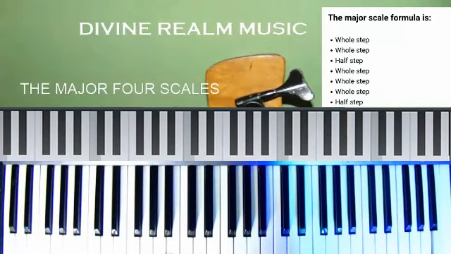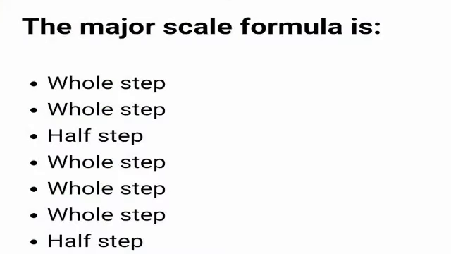So the formula for the major scale for every key is: whole step, whole step, half step, whole step, whole step, whole step, half step. That's very simple.